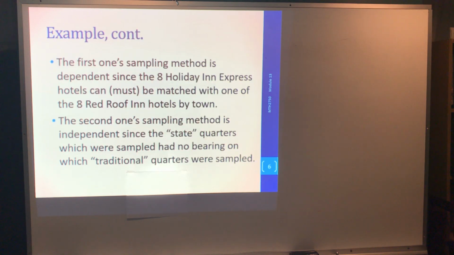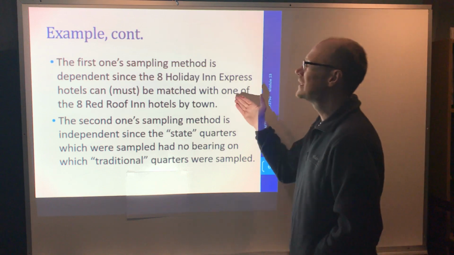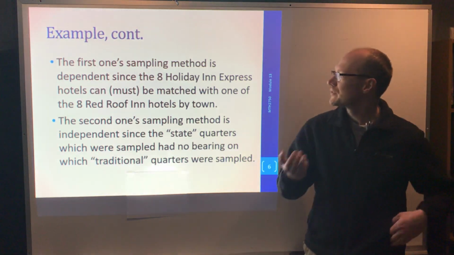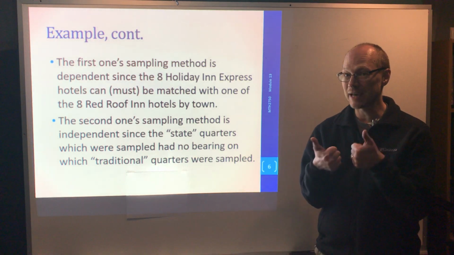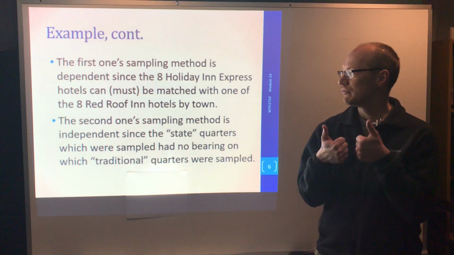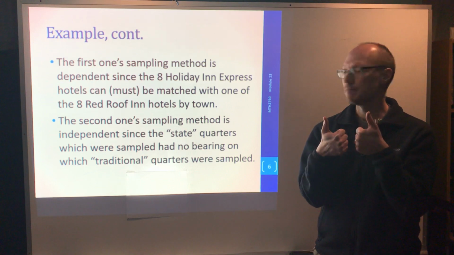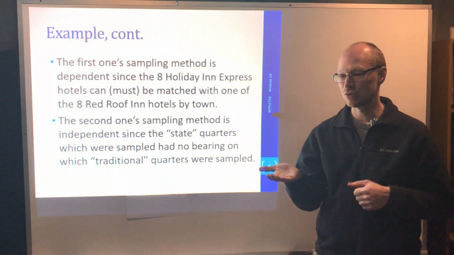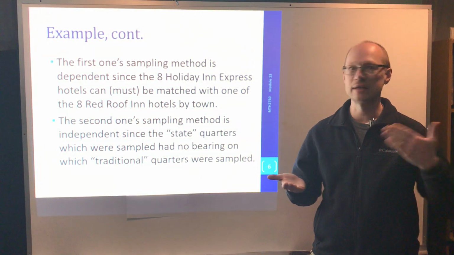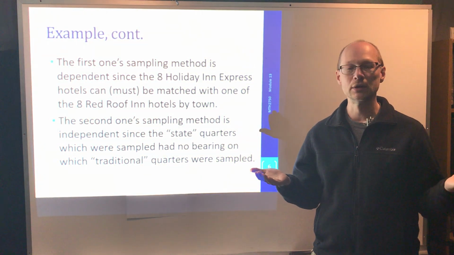Which one? Well, the first one, it is dependent because the Holiday Inn Express can and actually must be paired with a Red Roof Inn by town. You can't select a Holiday Inn and have it compared to a Red Roof Inn in the same town if there is no Red Roof Inn in that town, right?